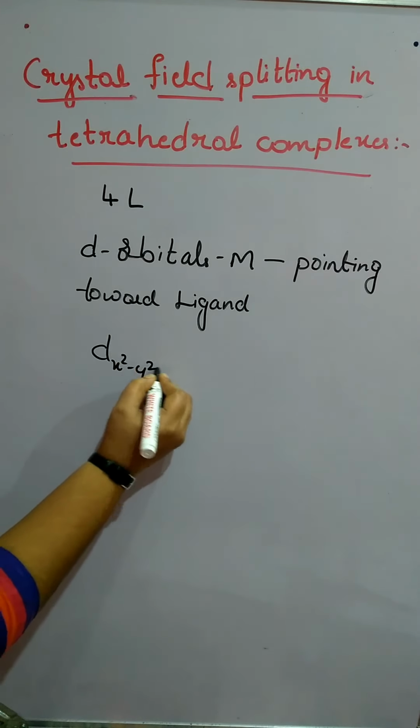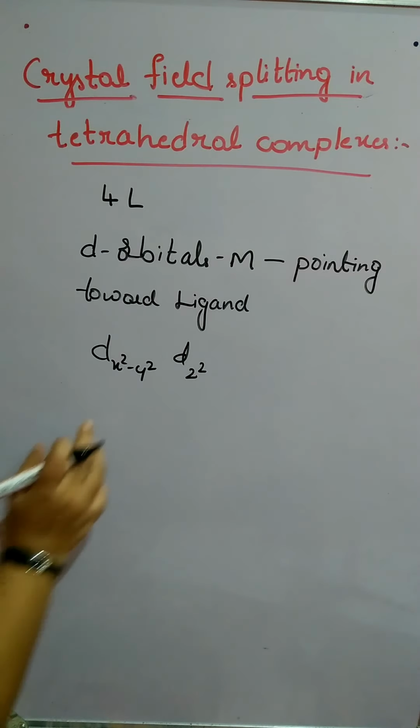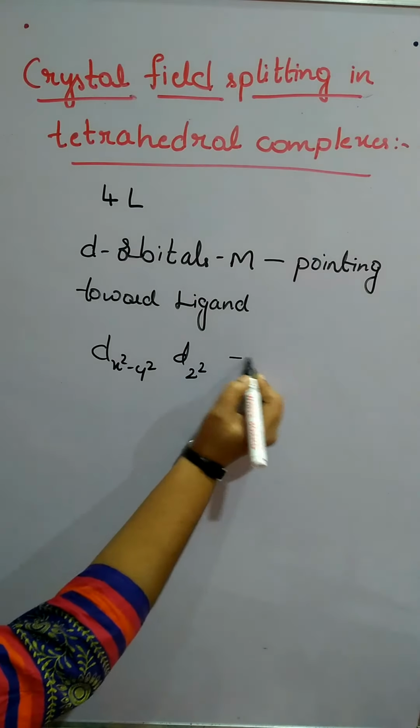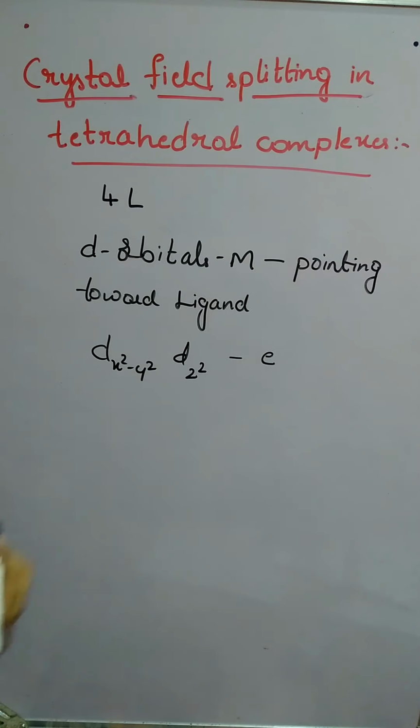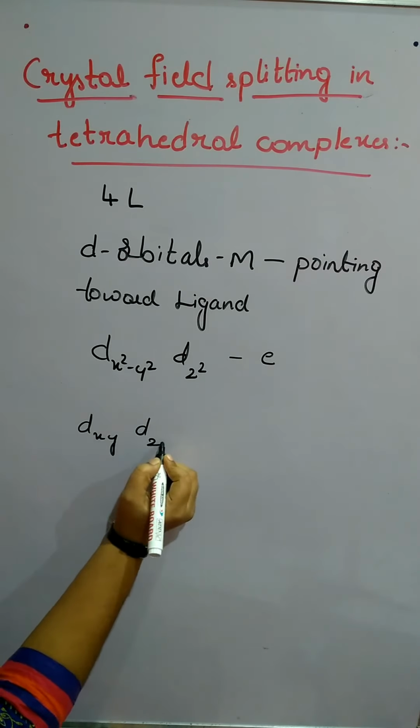So dx square minus y square and dz square, this is one set. We can call this set E, and dxy, dyz and dzx, this we call the T2 set.